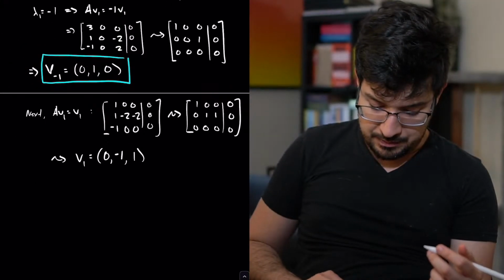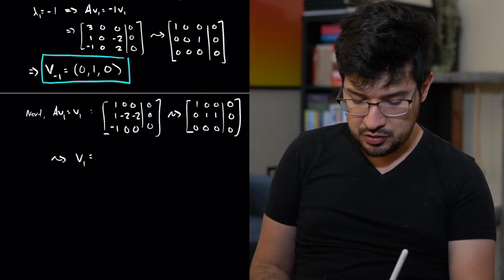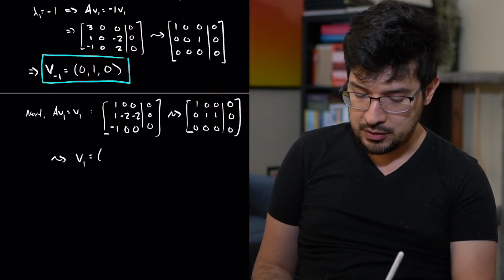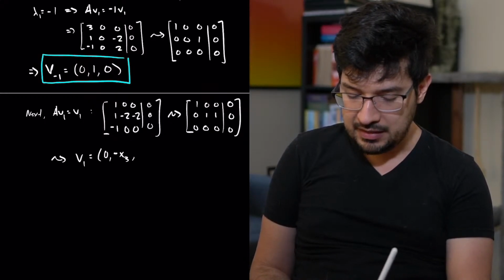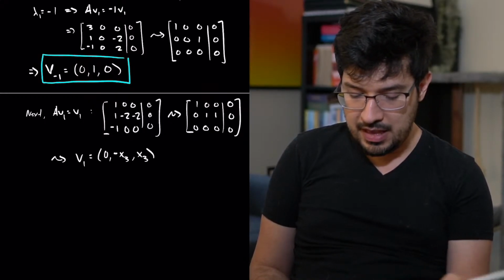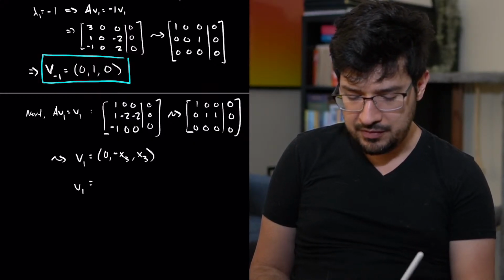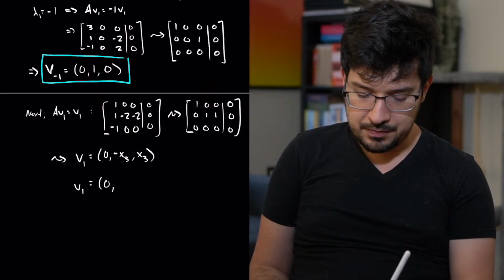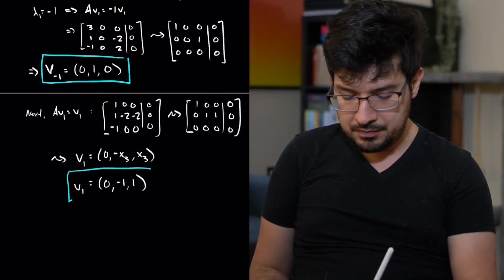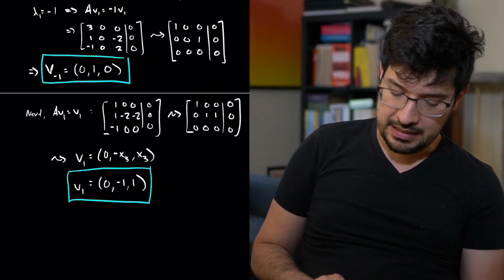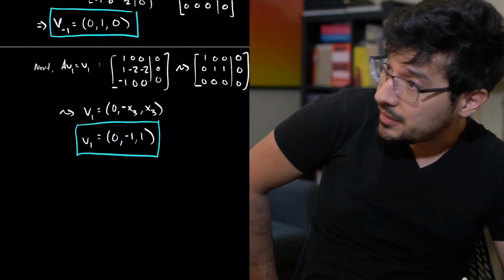So if I wanted to show that step a bit better, I could have said 0, -x3 for any x3, or I could take specifically one value, like that. Cool. So any multiple of that is also an eigenvector corresponding to that eigenvalue.